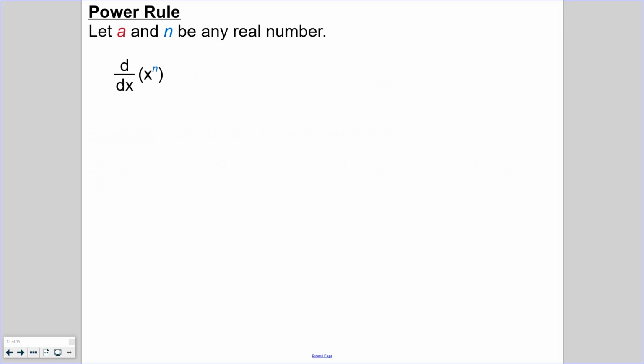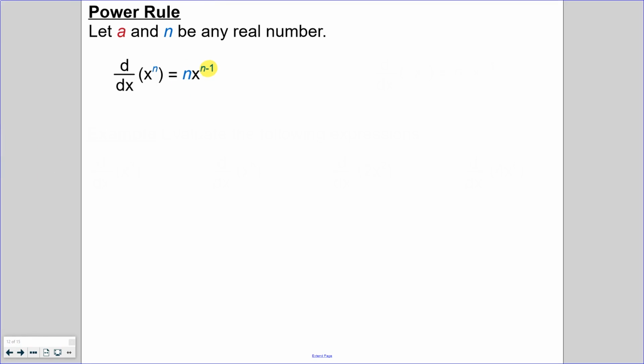Well, what we're going to do is we're going to take the exponent n, and we're going to move it to the coefficient, and then we're going to subtract 1 from the exponent. And that's going to give us n times x raised to the n minus 1.